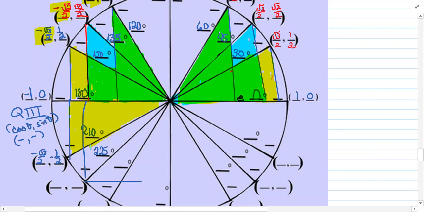I would have this particular shape right here, and that would be negative and negative, and those are great because they're 45s. And that would be the negative square root of 2 over 2 and the negative square root of 2 over 2. And then we'd come to the larger 240.